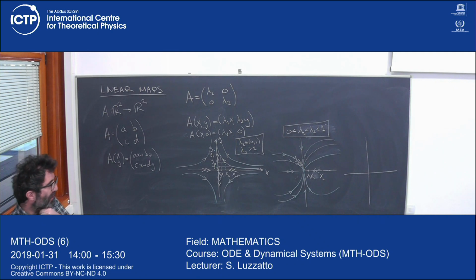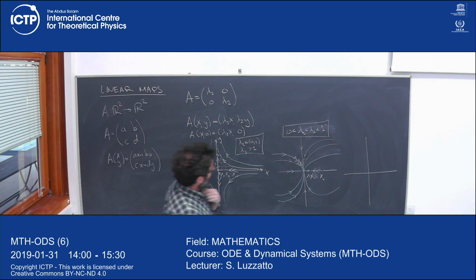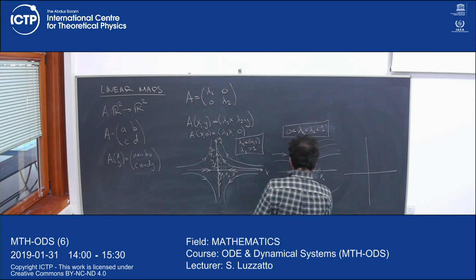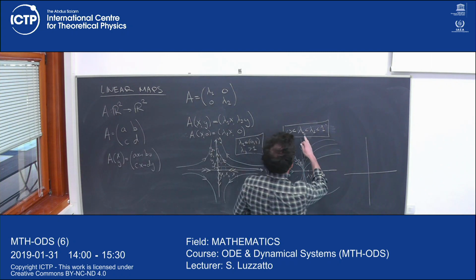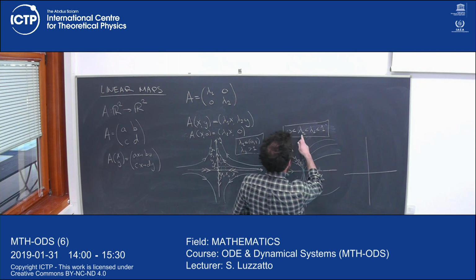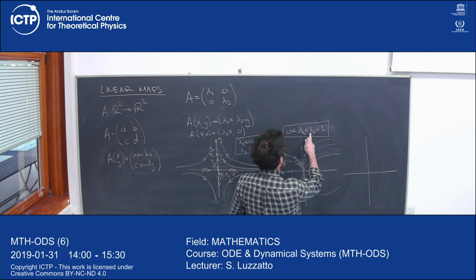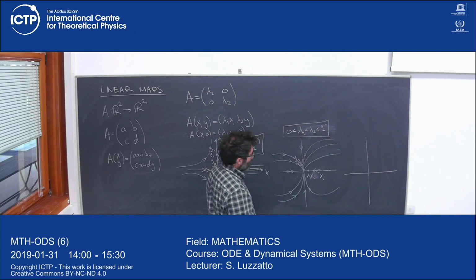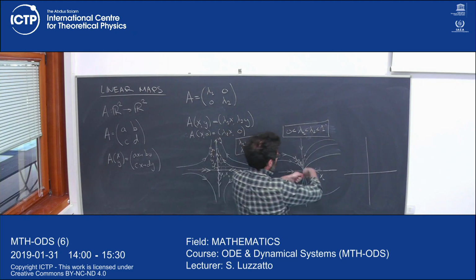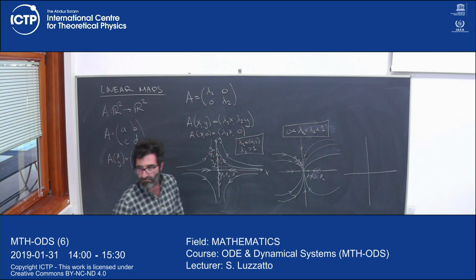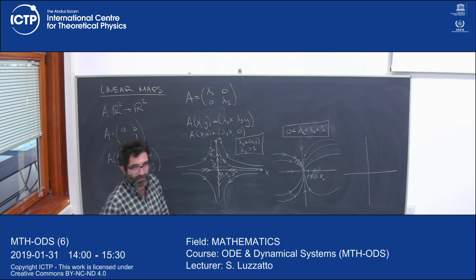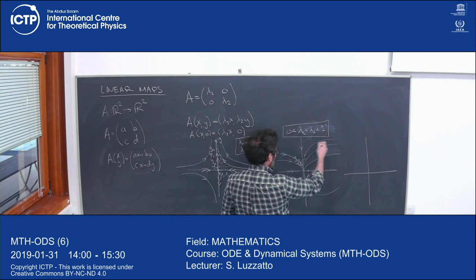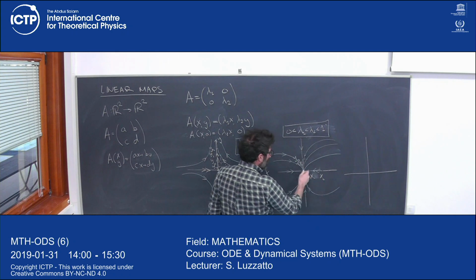Well, these are pretty much really the only two cases, right? All the other cases are more or less variations. If lambda 1 and lambda 2 are both bigger than 1, then you get exactly the same picture, but just points are moving away. Right? Again, depending on which one is bigger, the curve will come in this way, or it can come in this way.